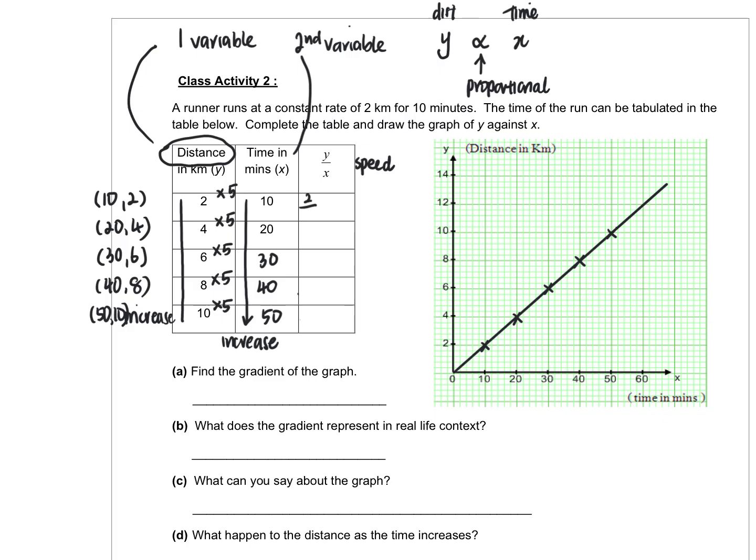Opposite, right? Okay, my bad. So 2 divided by 10, my bad. But if you do it for all, you will realize it's all 0.2. No, it's y divided by x.